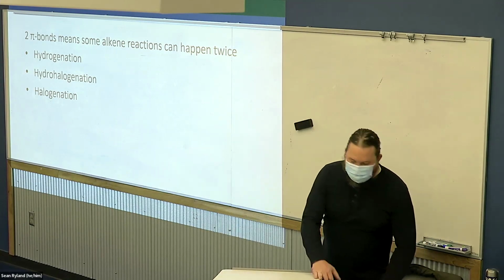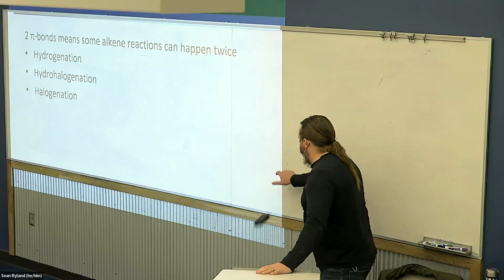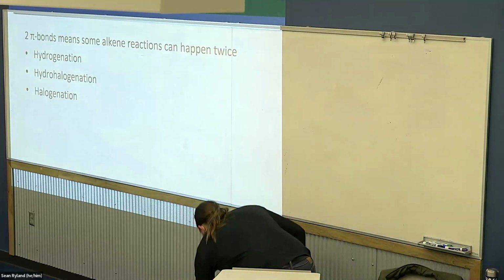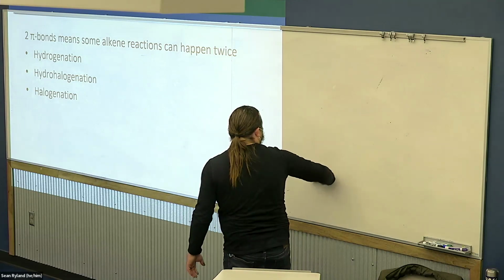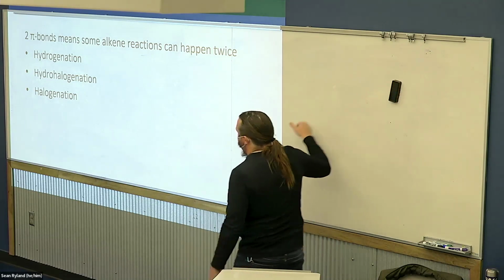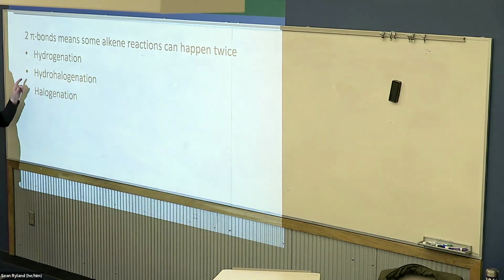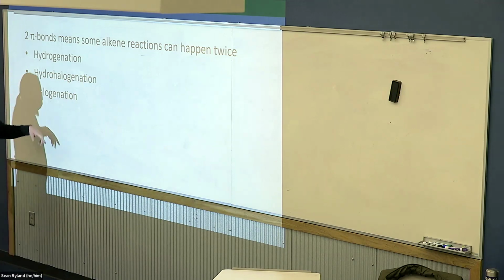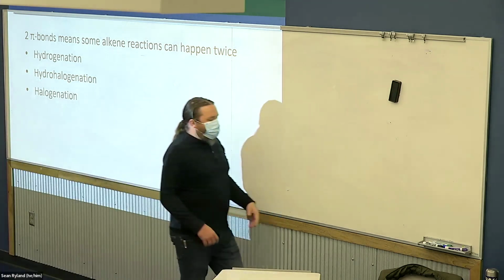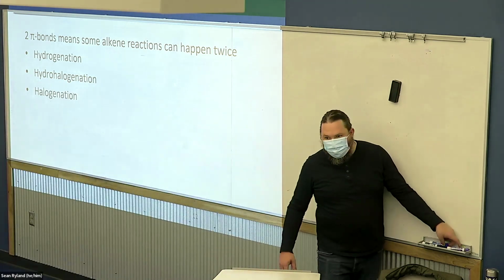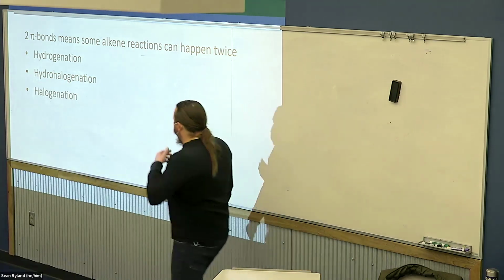All right, so let's talk about other alkyne reactions, the ones that we're just porting over directly from alkenes. Hydrogenation, hydrohalogenation, so with HBr, and halogenation, so with Br2. Again, these all mostly work with chlorine as well.